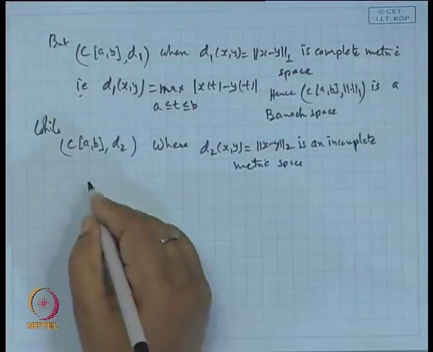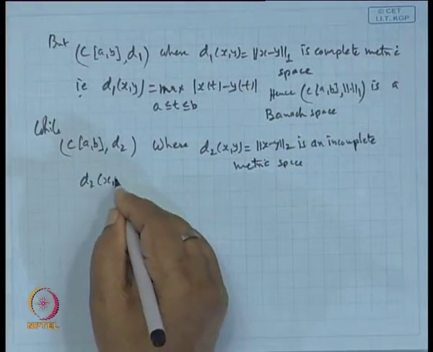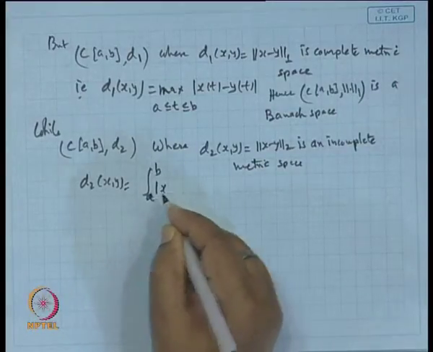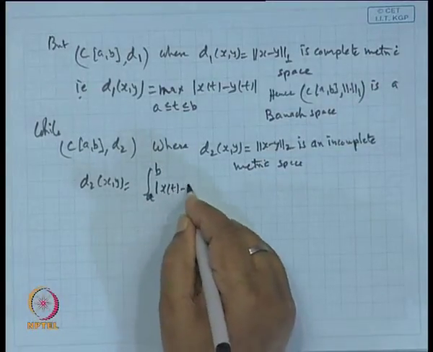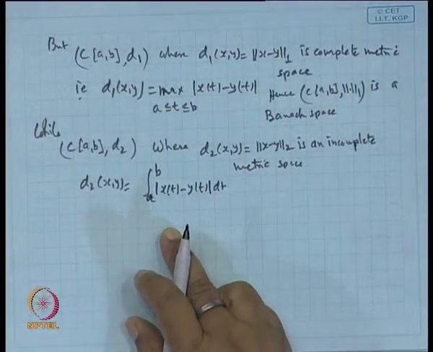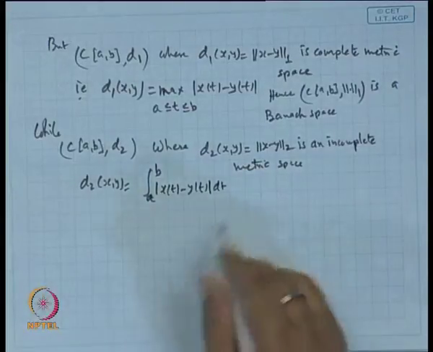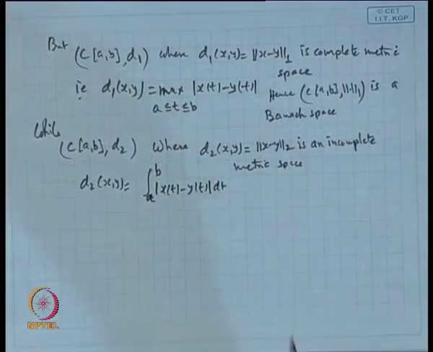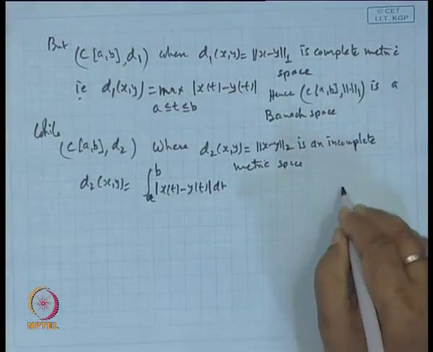That is, when we introduce d2(x, y) as integral a to b mod of x(t) minus y(t) dt, then it is an incomplete metric space, is it not? That we have seen also by taking a Cauchy sequence in this form.